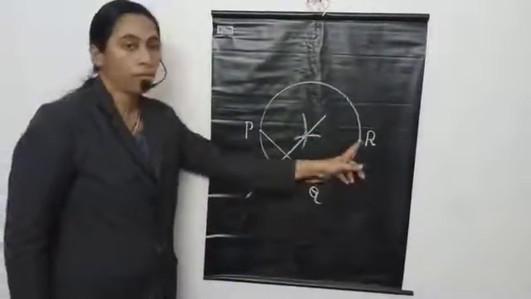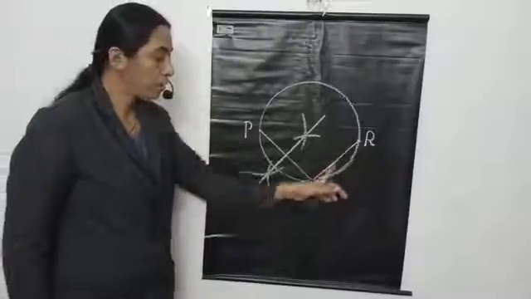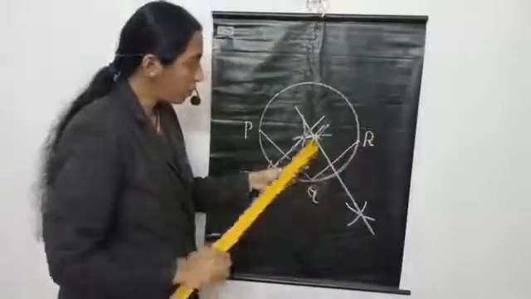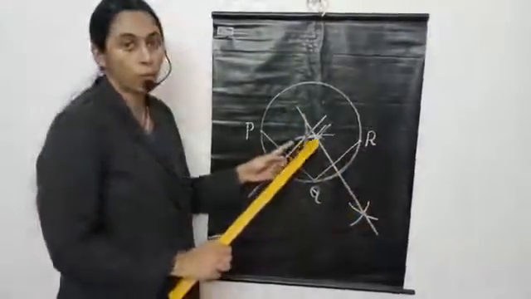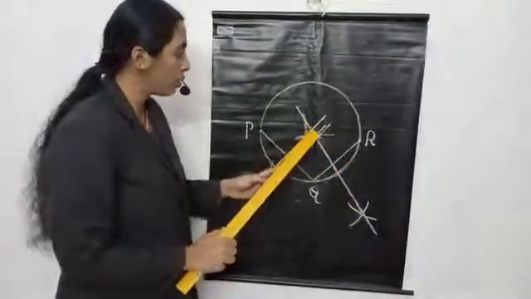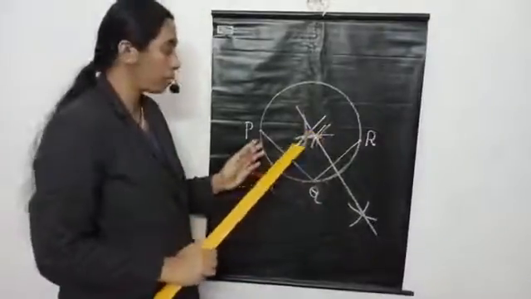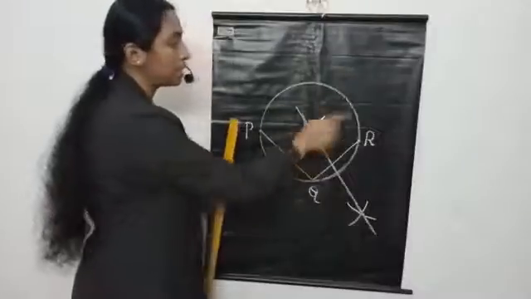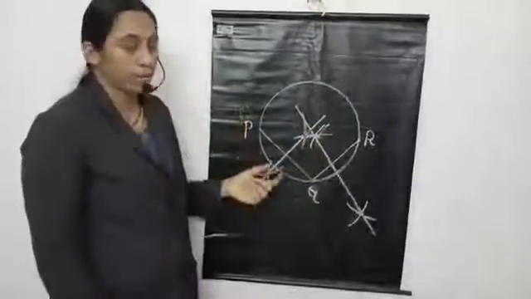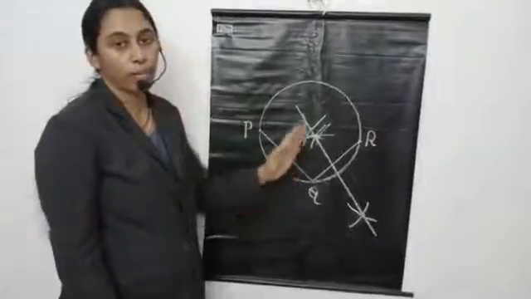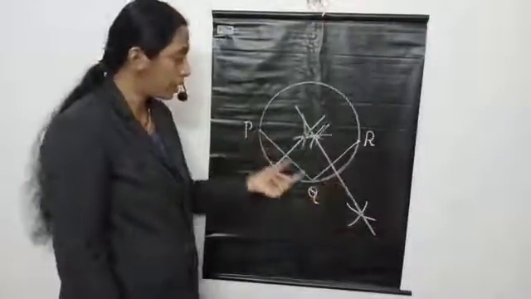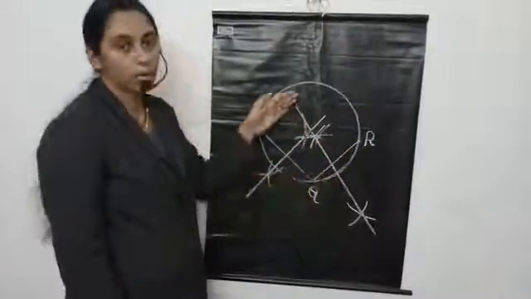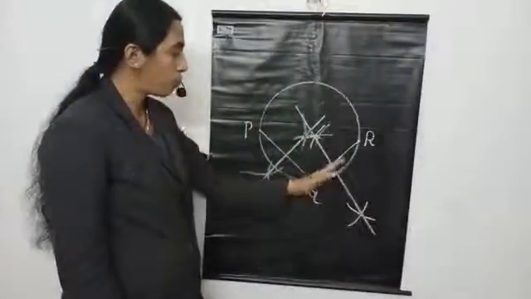The same way we draw the perpendicular bisector for QR. Then these 2 perpendiculars meet at 1 point. This point is the center of this circle. So first step, take any 3 points on the circle, then join them, that means P and Q and Q and R. Then draw perpendicular bisectors of both chords.